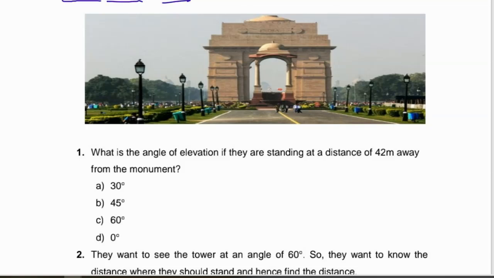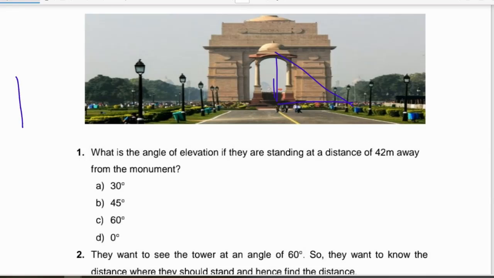We can take a diagram with a right angle triangle, 90 degrees, with vertices A, B and C, and this is the angle of elevation. So the angle of elevation for the first one will be tan theta.